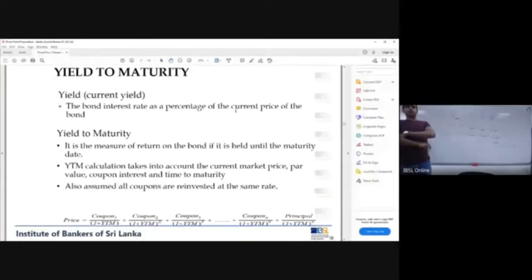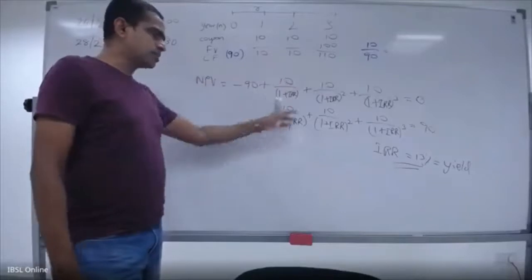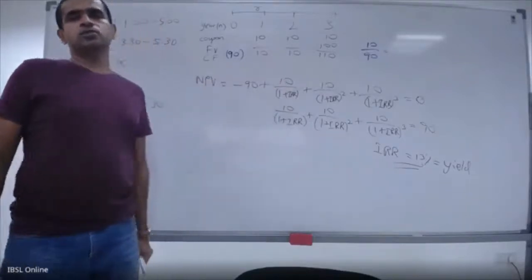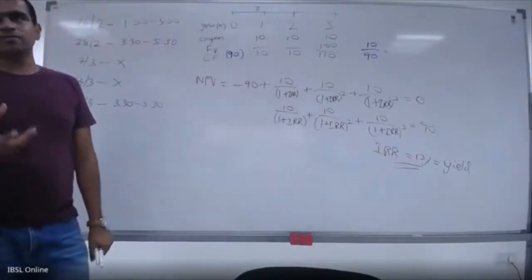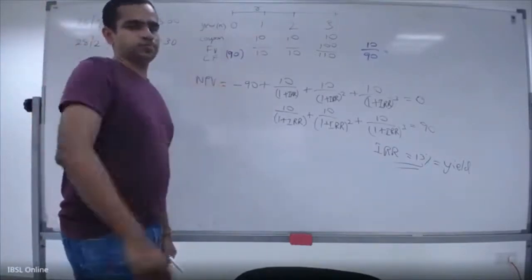It is a measure of return on the bond if it is held until the maturity date. So if you buy this bond and you hold it until it matures, the return that you generate is called the yield to maturity. Right? So remember, yield to maturity means if you hold until maturity, how much of return do you get?